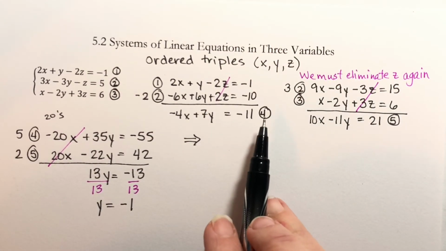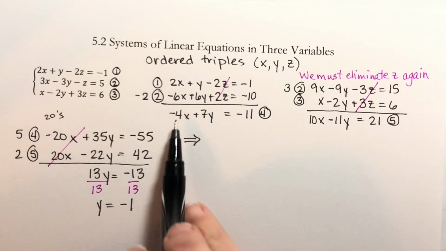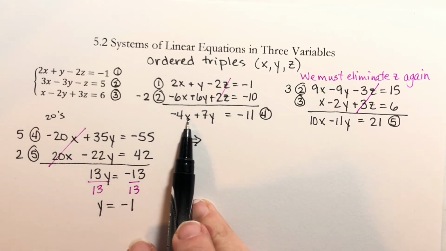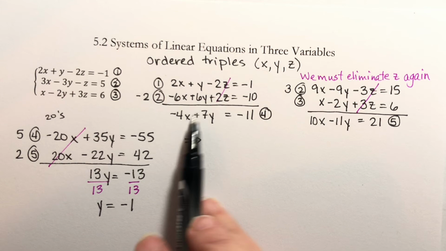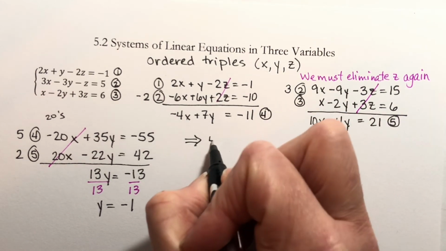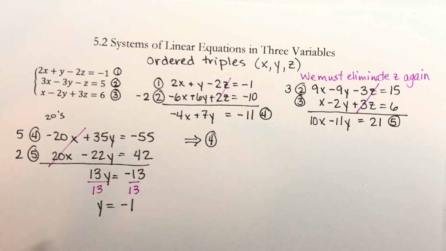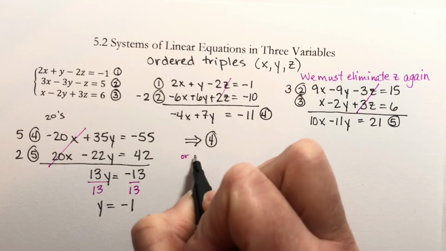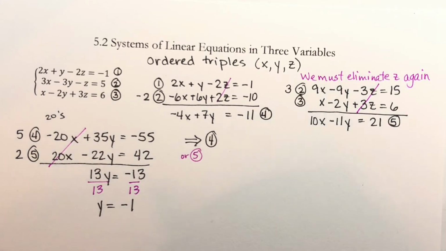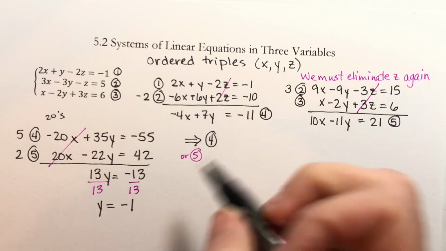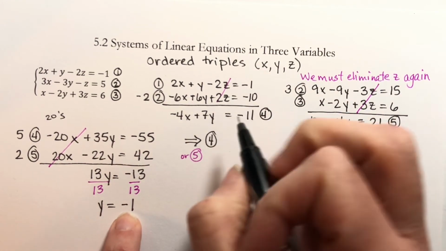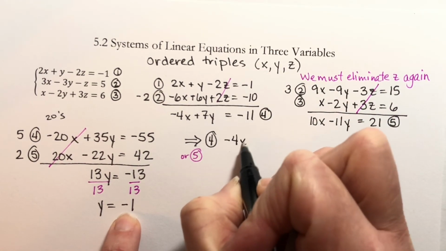So I want to plug into either 4 or 5 because that will give me my x value very quickly. So pick whichever one you think looks easier. I'm choosing 4. But I'll make a note here that at this step, I could have plugged into 5. So when I plug in -1 for y, I get -4x.